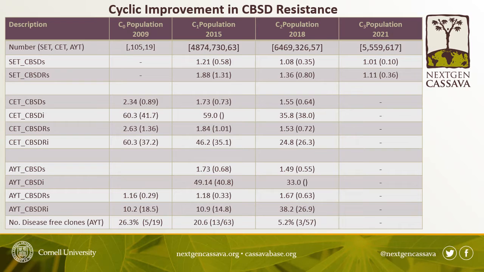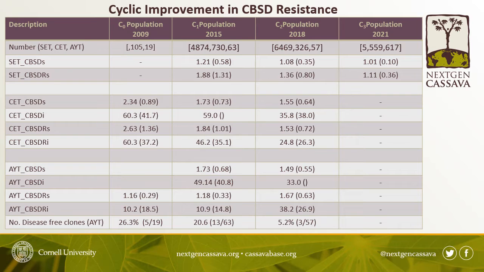It also indicates a 40% reduction in susceptibility when you look at the root necrosis in C3 versus the root necrosis in C1. Though it's seedling, it still indicates progress in brown streak resistance breeding.